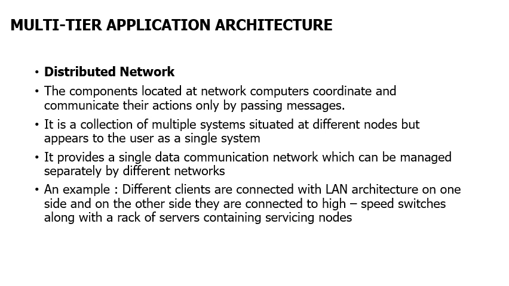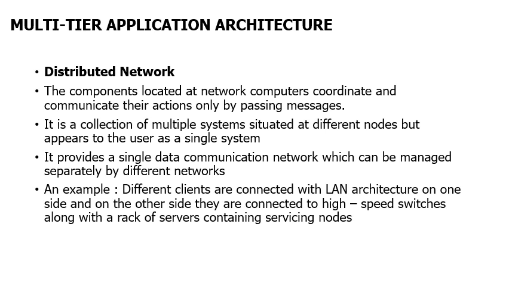For example, different clients are connected with the LAN architecture on one side, and on the other side they are connected to high-speed switches along a track of servers containing the service nodes. In the labs also we use the LAN system, where every system is connected in the LAN, but as users we know it as a single system.